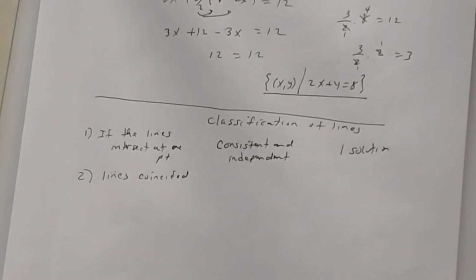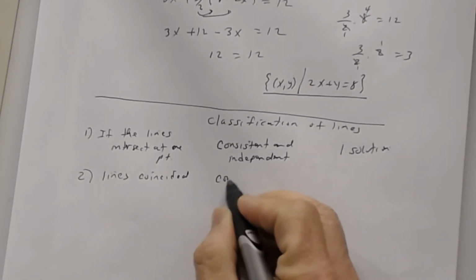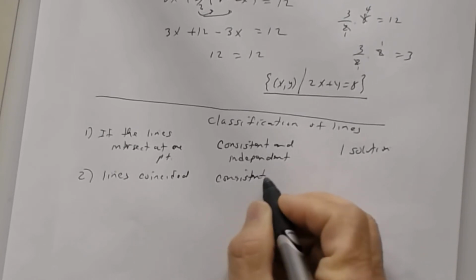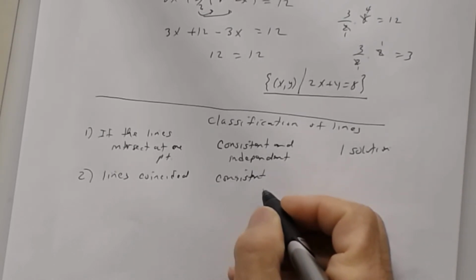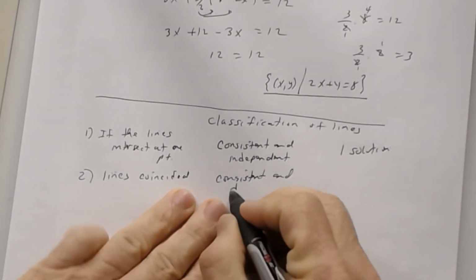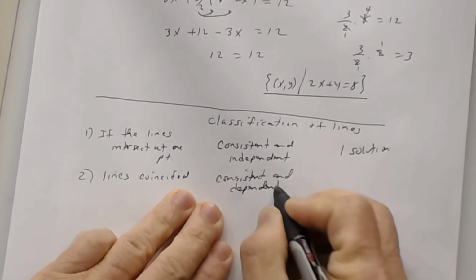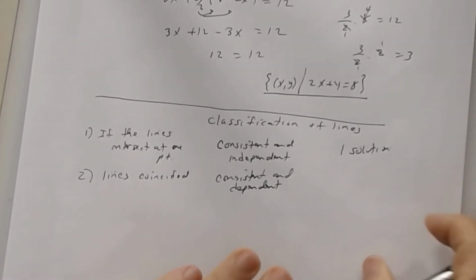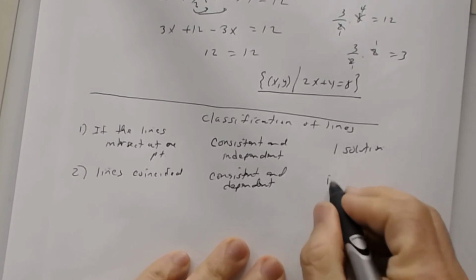So since the lines that coincide have at least one solution, an infinite number, it's still consistent. So it's a consistent system. Consistent means it has at least one solution, but they're not independent. They are dependent. Because if you look at them, they're really the same line because they overlap. So consistent and dependent. And how many solutions are there? An infinite number of solutions.